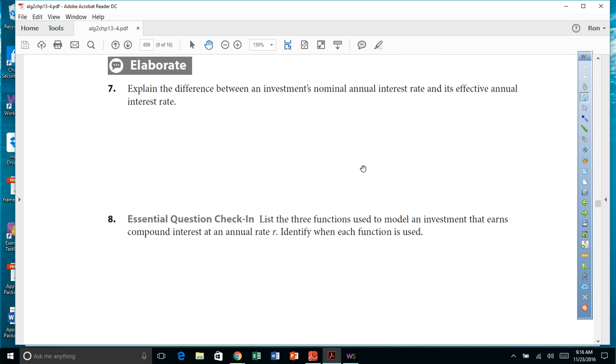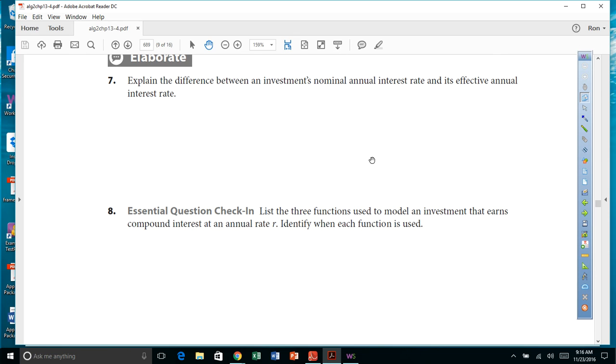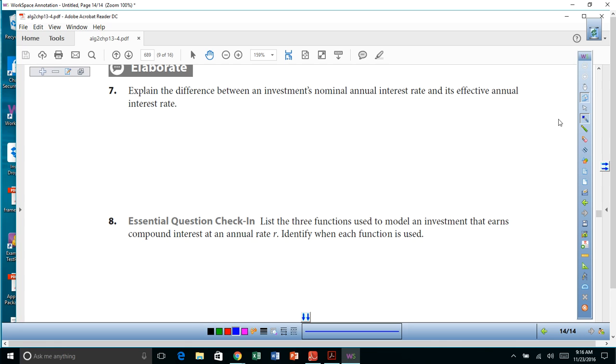Explain the difference between an investment's nominal annual interest rate and its effective annual interest rate. Well, let's see. Interest rates can be calculated several ways.